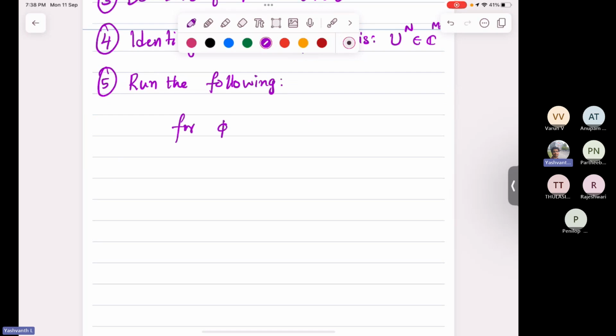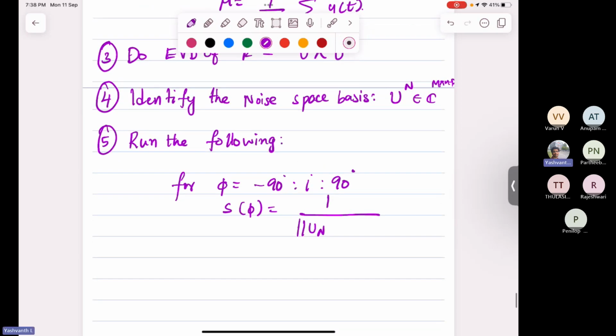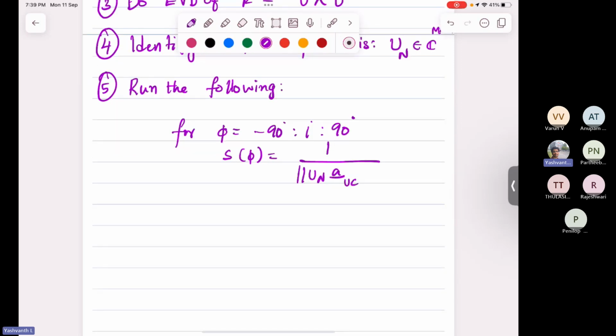For phi equal to minus 90 in steps of 1 degree to plus 90 degrees, compute S of phi equal to 1 by the norm of Un, the noise subspace you identified, times A_UCA of phi.